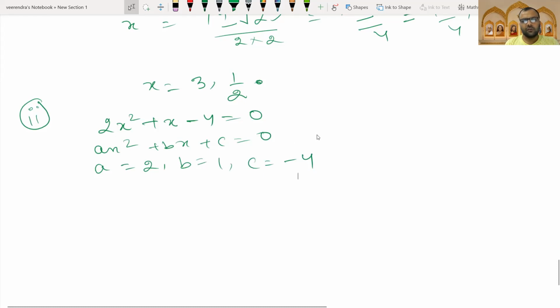And the value of b² − 4ac: b² is 1, minus 4 into a is 2 into c is −4. So it is 1, 4 into 2, 8, minus 4 will be plus 32. So it will come 33.